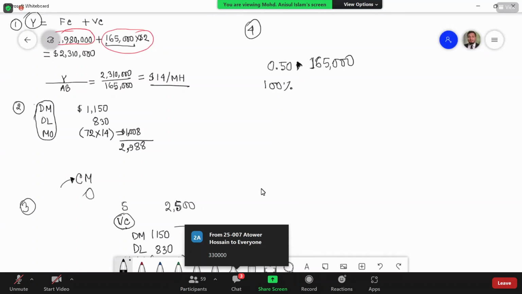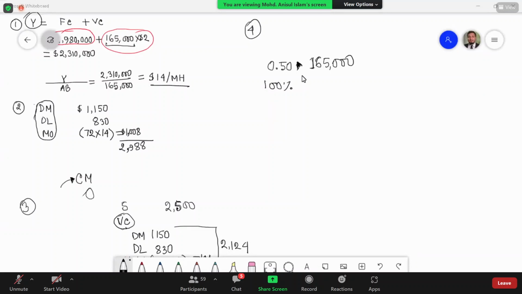Okay, I see responses are coming. Good responses, 330,000. So you have got that the plant has been designed originally for 330,000 capacity, and the plant is actually running for 165,000 machine hours capacity.